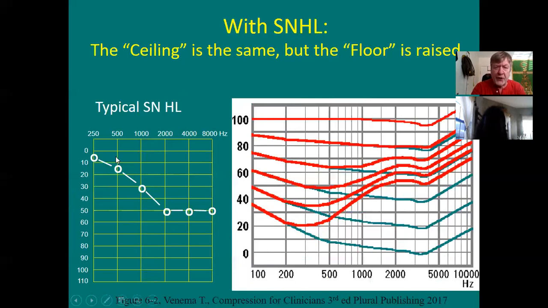And 500 hertz at 0, look at the top left, really is almost 10, about 9. And 250 at 0 is really about 20. So those differences are built in. Anyway, with sensory neural loss, the floor is raised, look at the red line, and yet the ceiling of loudness tolerance isn't. So this person's dynamic range is smaller.